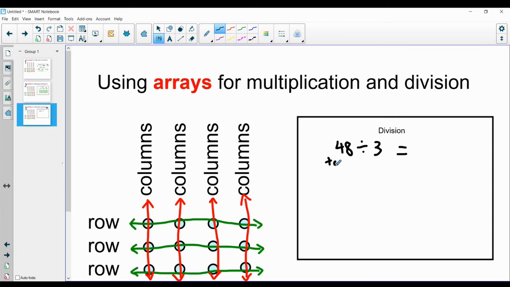So I have 48 in total. And I'm thinking arrays right now. So I have 48 in total, and I'm dividing it into 3 rows. If I do this, I want to find out how many columns I have.